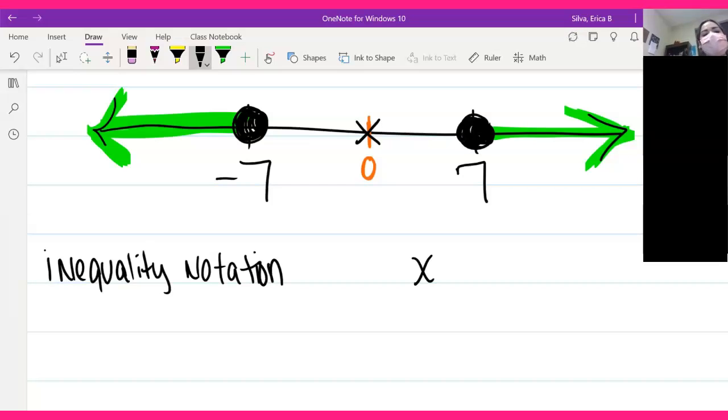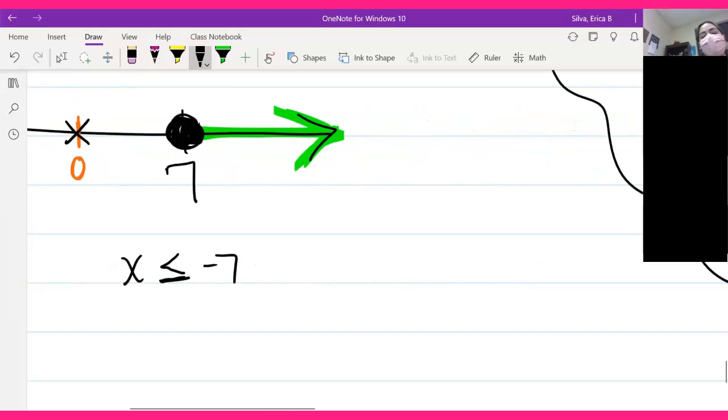So we say x, so all of these numbers, are they less than -7 or greater than -7? So all these numbers on the left, they're going to be less than, right? And then because it's a solid point, we have that equal sign. And we do the same thing to this side, x and 7.